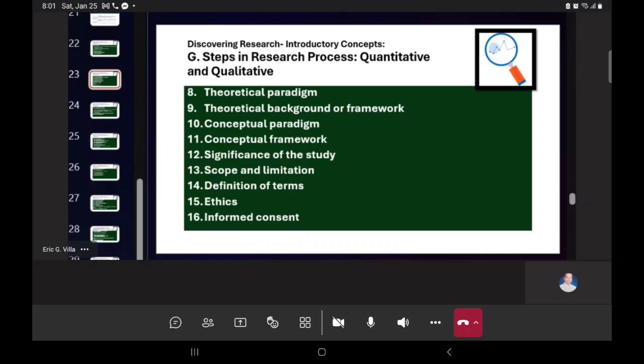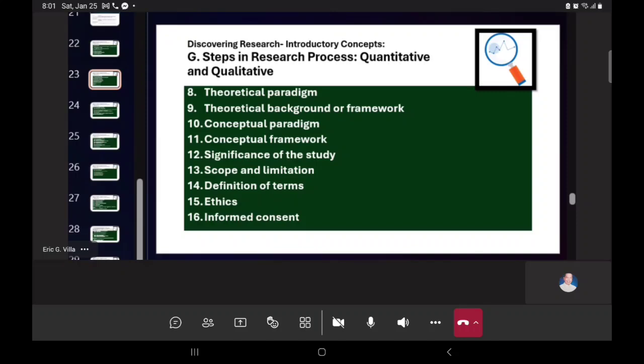And steps 14 to 16 are about clarity and ethics. We have the definition of terms. Precise operational definitions ensure a consistent understanding of key concepts across the study. This clarity is crucial for reliability and validity in research implementation.